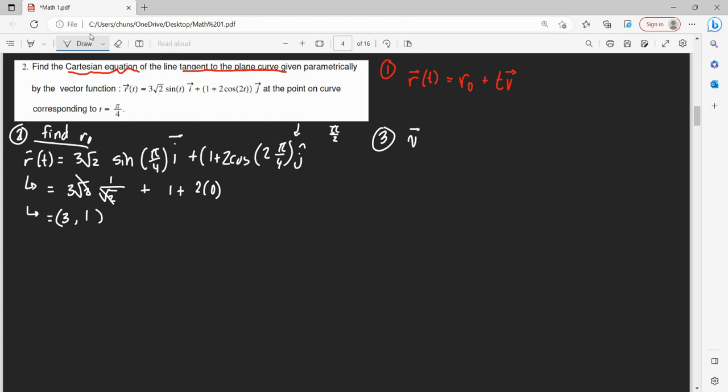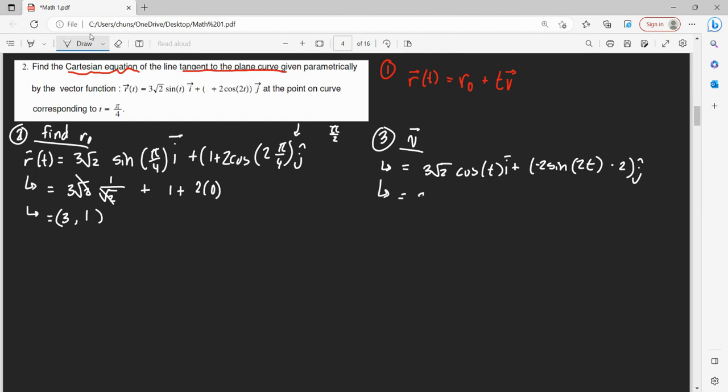Now let's find our velocity next. So that should be easy enough. Let's derive this equation up here. So that's 3 square root 2 changes to cos t, and that's plus 1 goes away, right, because it's a constant. So then that's negative 2 sine 2t times 2. This is our i, this is our j.